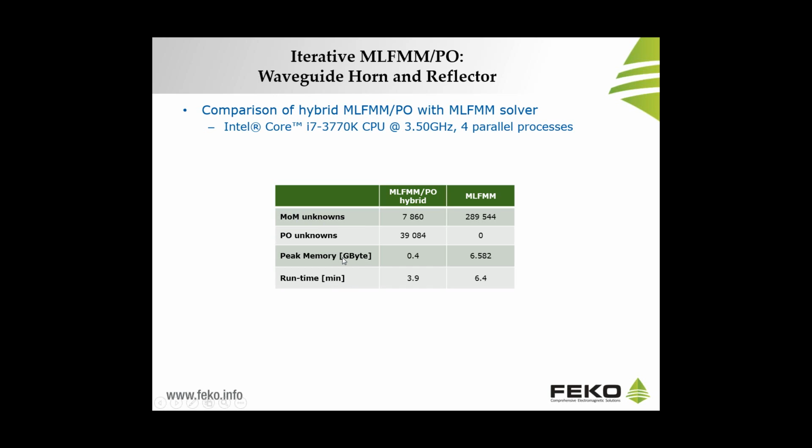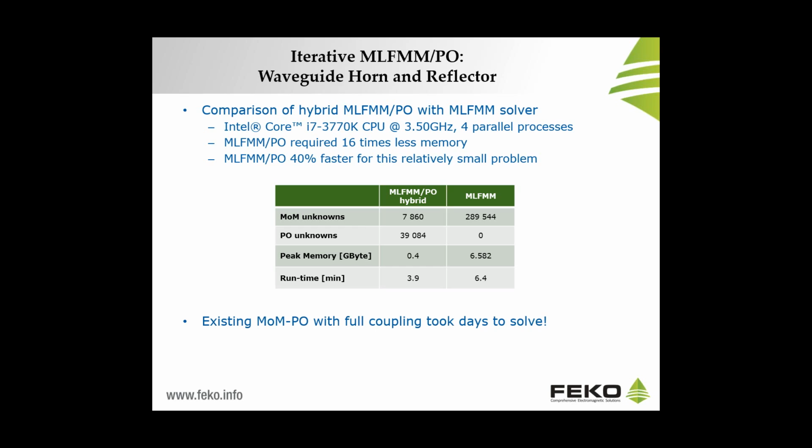You can easily see that with the new iterative solver we require 16 times less memory, and it is about 40% faster for this relatively small problem. And if we wanted to analyze the same problem using the coupled version of the method of moments and physical optics methods, it could take us days to solve that.